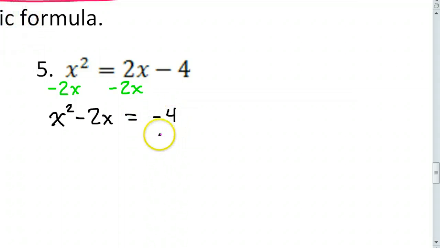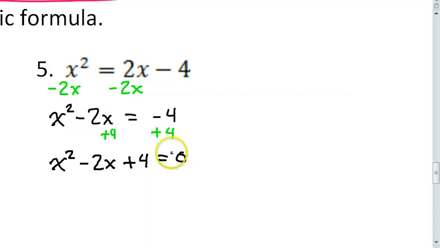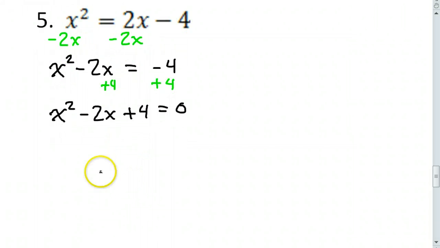But I'm also going to add 4 to both sides. So these will cancel out. And that's going to give me x squared minus 2x plus 4 equals 0. Now you get the same answer that you would get if you subtracted x squared from both sides. Alright, but I'm doing it this way.